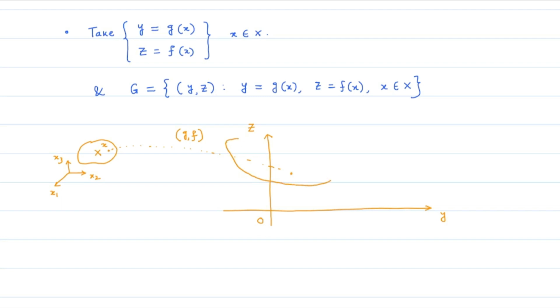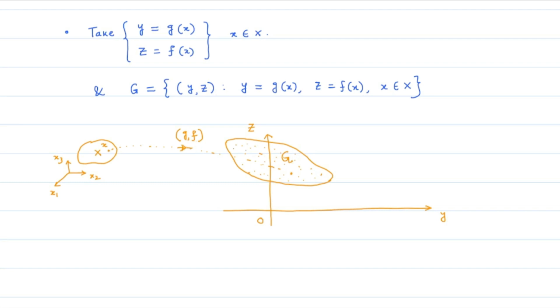This region is the image of the set capital X under this mapping. So let's suppose this is our set. That set is the set capital G, which is obtained as the image of the set capital X under this mapping, whose first component is g and the second component is this f.